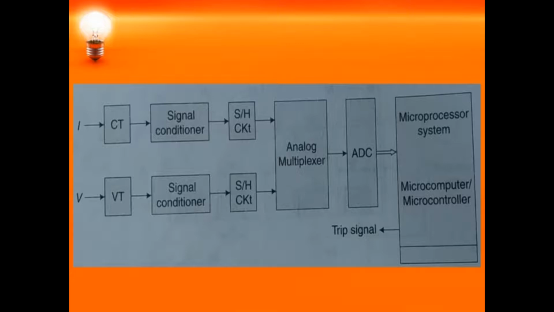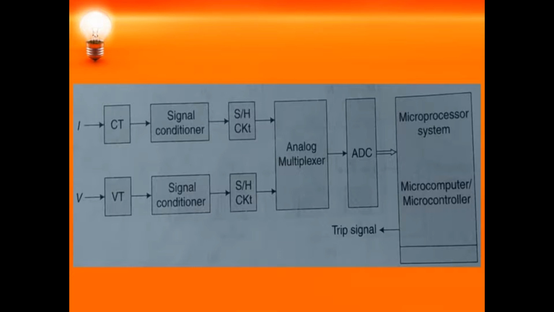The digital data obtained is compared using a microprocessor, wherein we will have already set a pickup value. So the data proportional to the load current is compared with the pickup value already programmed in the microprocessor. If it exceeds the pickup value, then the overcurrent relay is going to trip.